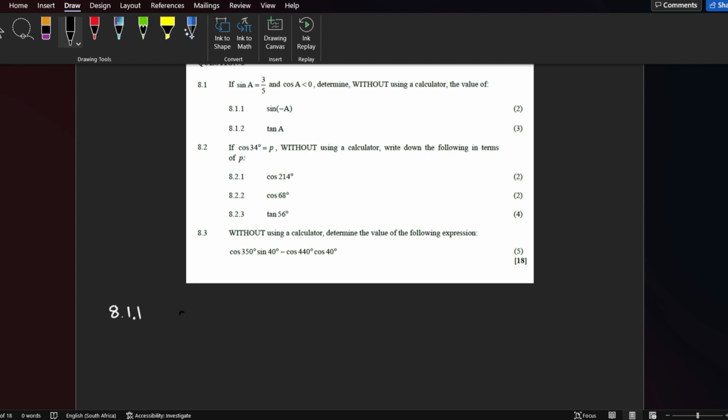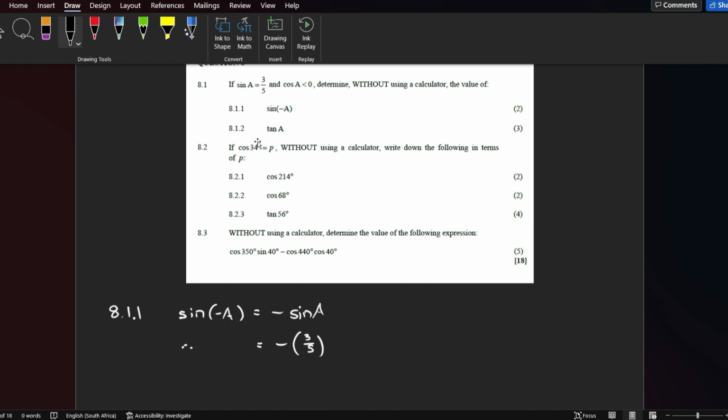So therefore, sine negative A will be equal to negative sine A. And we already have the value of sine A being equal to 3 over 5, so we just substitute that in. Therefore, that will equal negative 3 over 5. And that is our final answer.